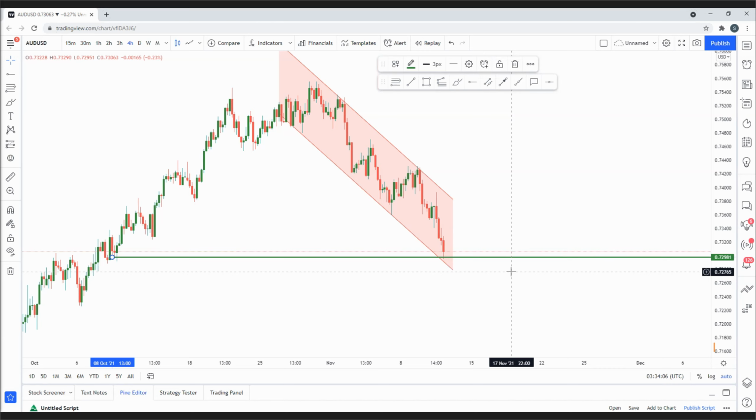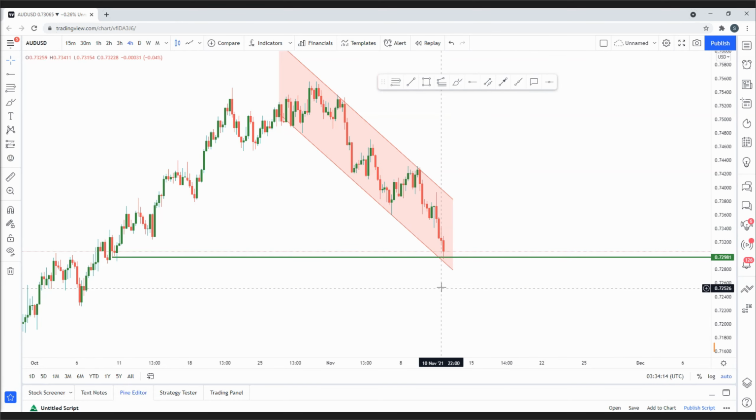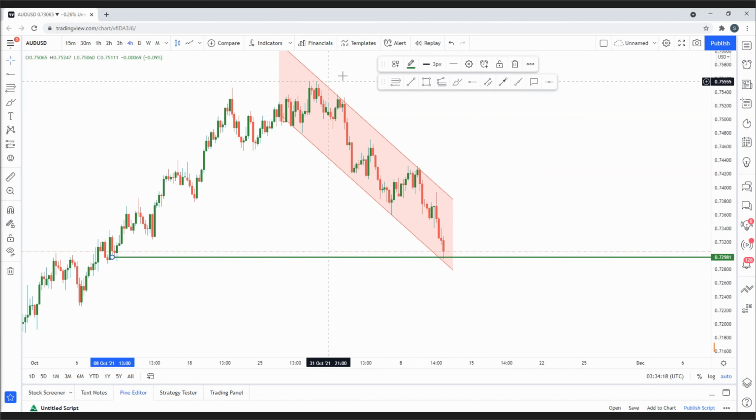If it touches the support, what do you expect it to do? Do you expect it to go up to the resistance of the channel, or do you expect a further breakdown? Let's just say it breaks, which I don't think it will, because I keep telling you guys that the market works in a clear zigzag pattern, instead of a clear downtrend downwards, unless there's very strong selling pressure or buying pressure right here.